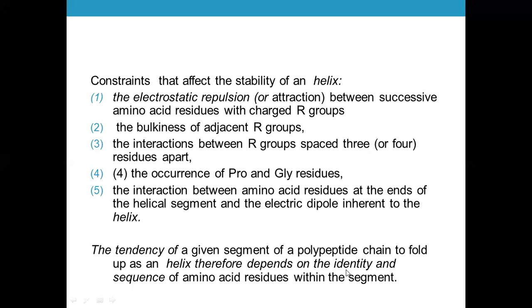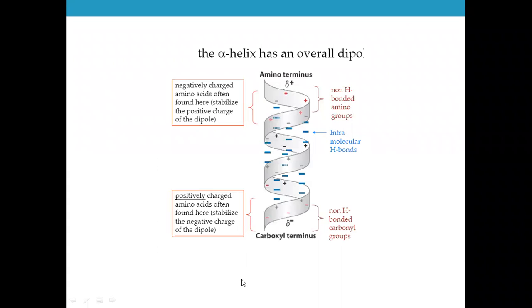And the bottom line is the identity and the sequence of the amino acids. Because if we alter the sequence, for example, two R groups in close proximity, within 4 residues away, could destabilize. Therefore the alpha helix will not be formed anymore.